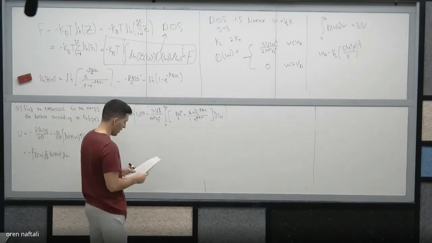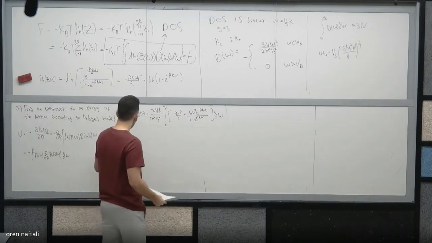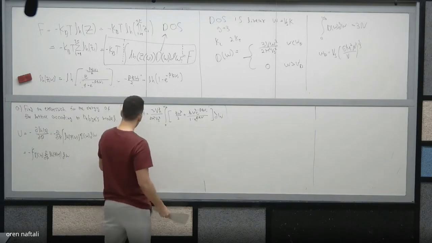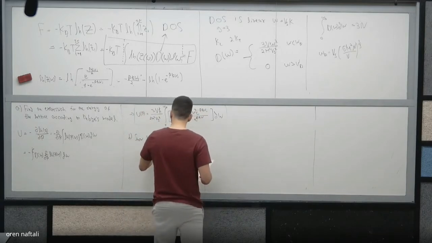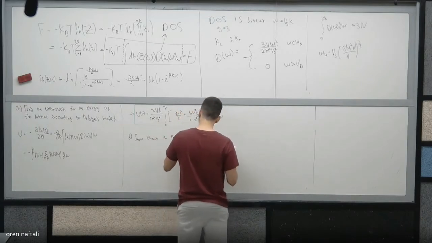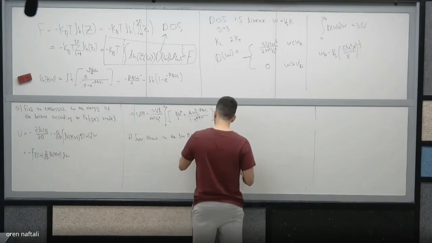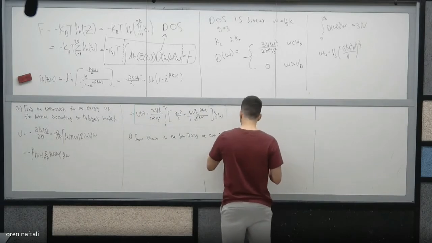Okay. So now we have this, and we are happy, and now we want to show that in the limit where beta is much larger than 1, you can get Stefan Boltzmann.